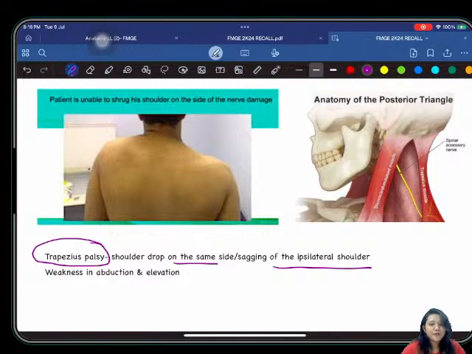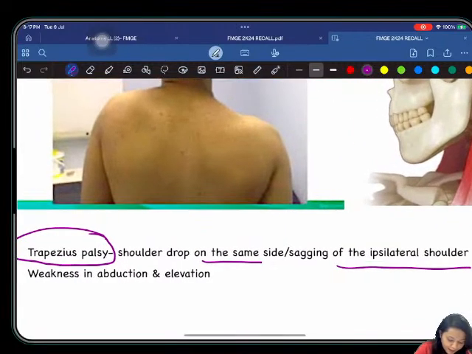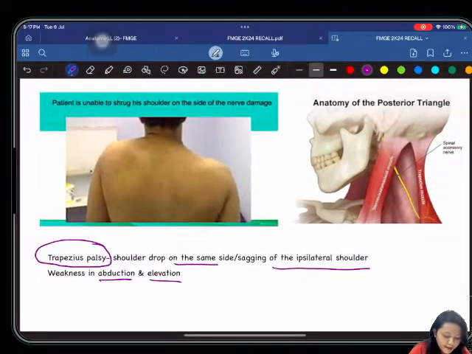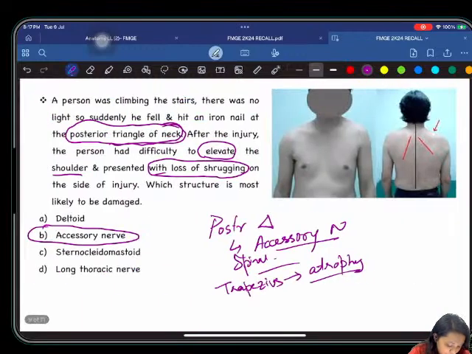This is shrugging. If there is loss of shrugging, there is sagging on the same side, and also weakness in abduction and elevation. This is a typical sign of spinal accessory nerve damage leading to trapezius palsy. So the answer here is the accessory spinal nerve.